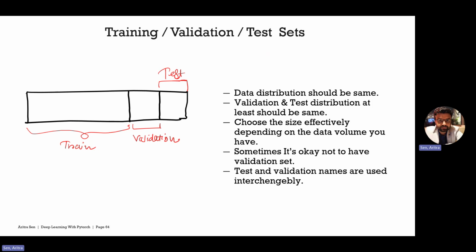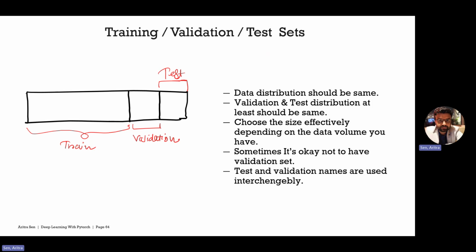In the case of validation, your model is still looking at the validation set, and based on that you are fine tuning the model hyperparameters. But the test set should be completely unseen, and you will not do any fine tuning based on the test result. You only fine tune these parameters by checking the result on the validation set. Generally, the data distribution should be the same across these three data sets, and at least your validation and test data distributions should be very similar.